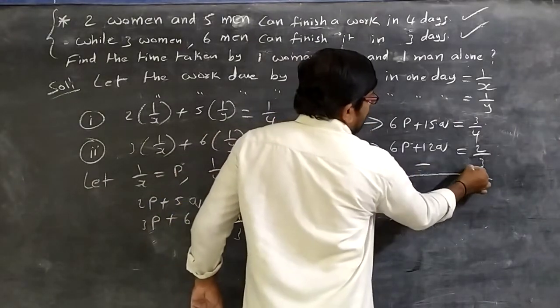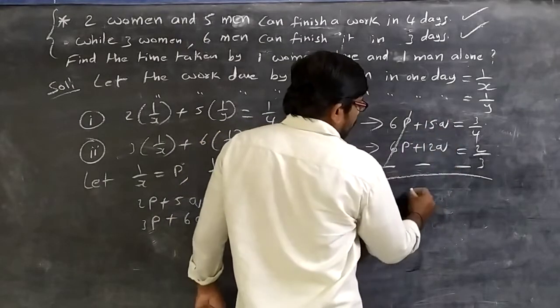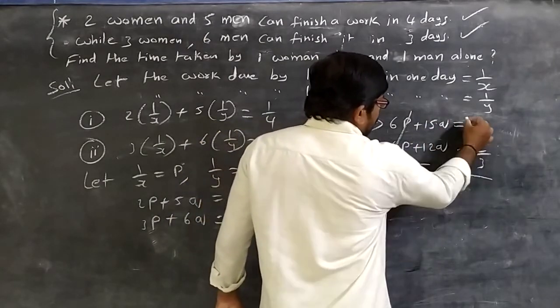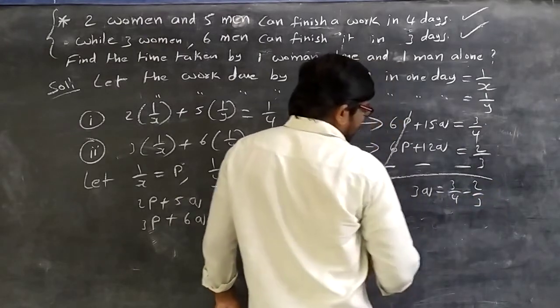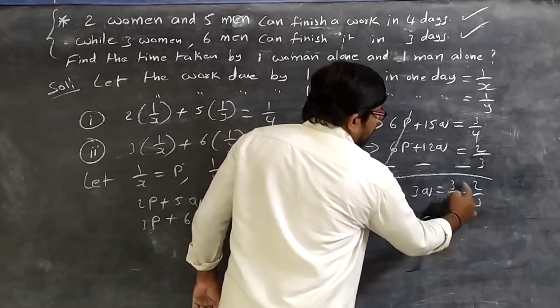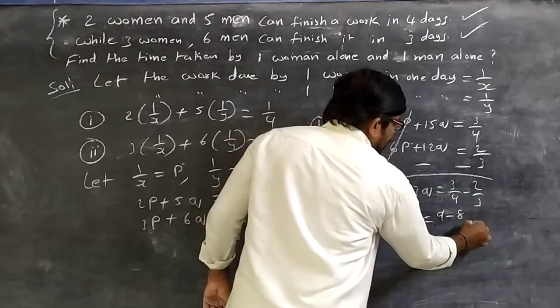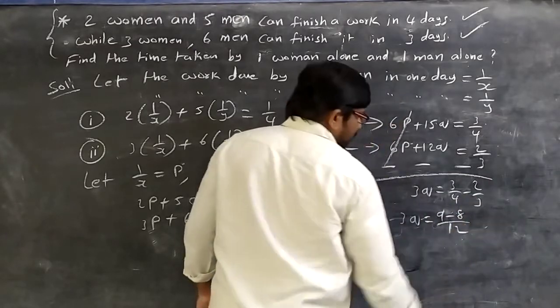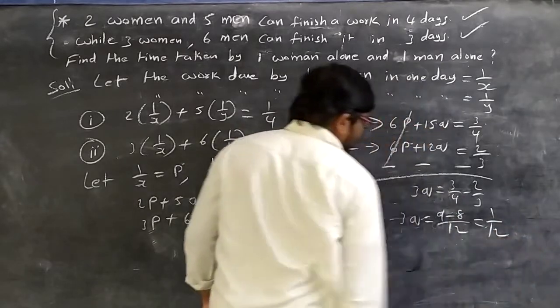Minus, minus, minus. These two cancel. 15q minus 12q, 3q is equal to 3 by 4 minus 2 by 3. Simplify it: 3 3s are 9 minus 4 2s are 8, by 4 3s are 12. That is equal to 9 minus 8, 1 by 12.